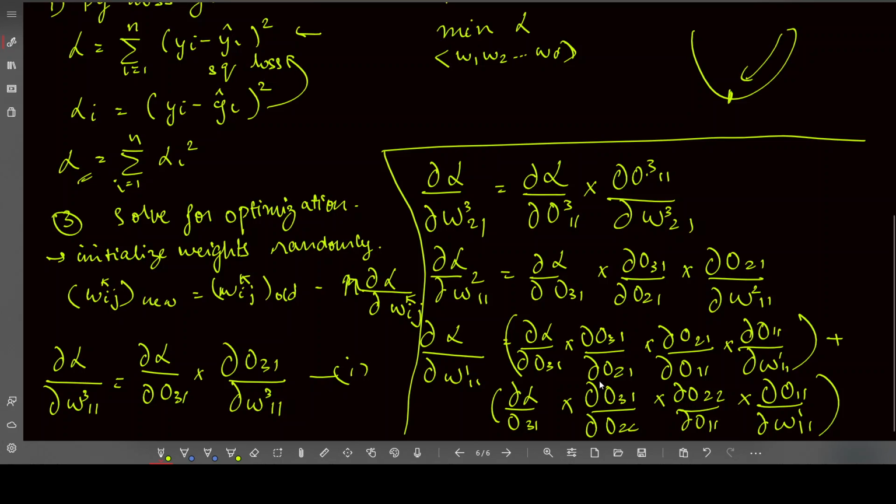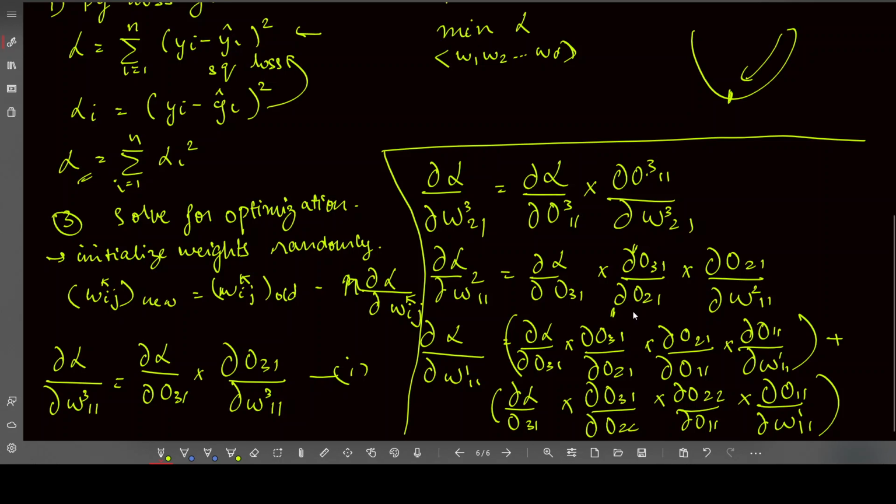Now look at this. There's something very peculiar happening over here. You see, I'm calculating the values of ∂L by ∂O31 multiple times. In all of these equations, I've calculated ∂L by ∂O31. Now over here, I've calculated ∂O31 upon ∂O21 multiple times.